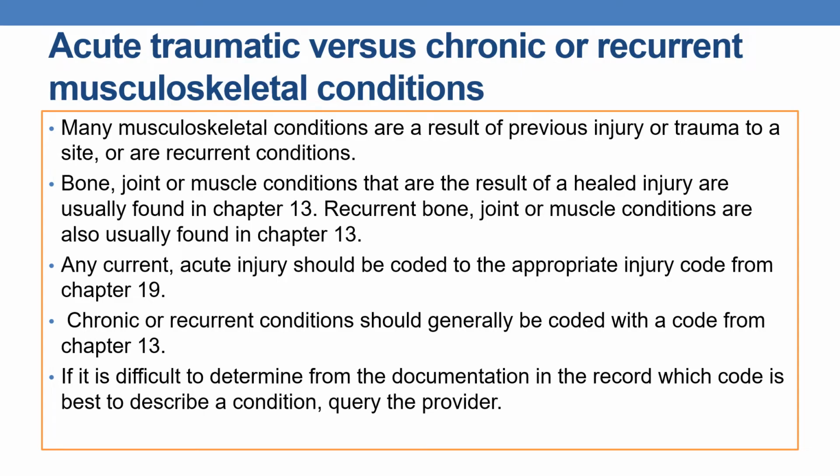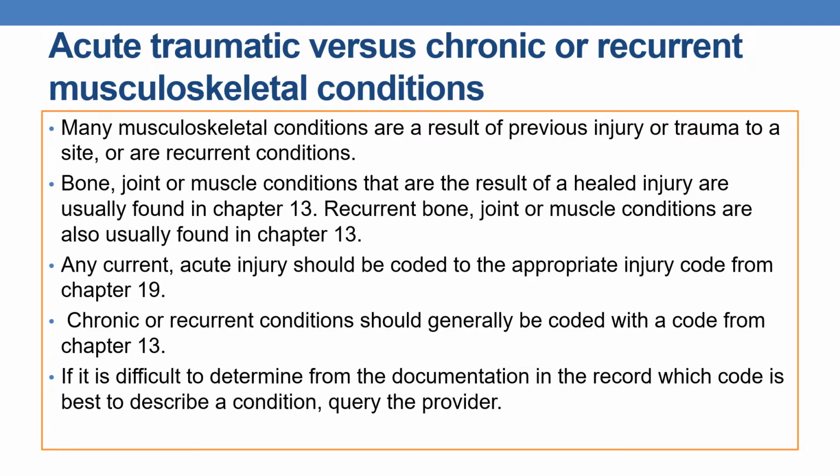Now coming to the next guideline, acute traumatic versus chronic or recurrent musculoskeletal conditions. In simple words, there will be a current injury, which is an acute traumatic injury, and there will be chronic or recurrent conditions, and there are specific codes that designate each case.